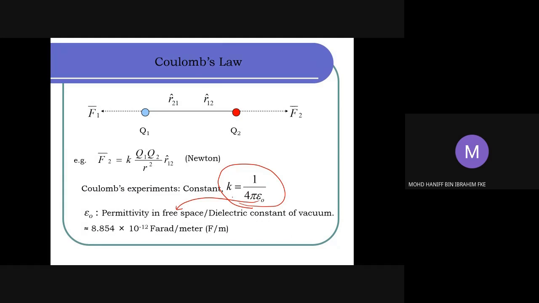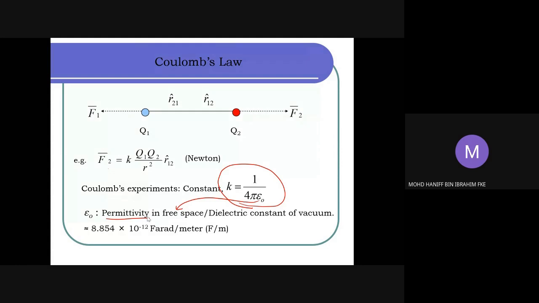This is the assumption made by Coulomb, in which he considered the medium to be just free space, a vacuum environment. So what is meant by permittivity? Permittivity is the behavior of the electric field in that particular medium.